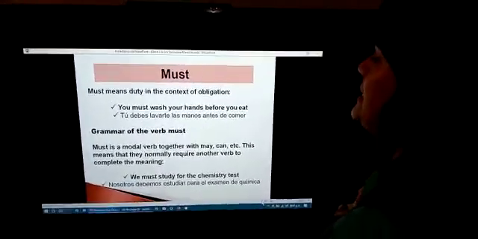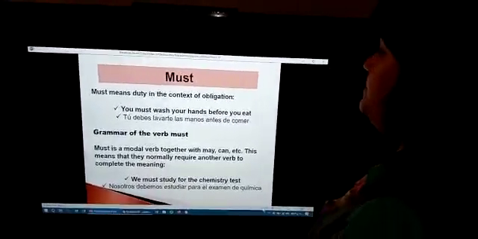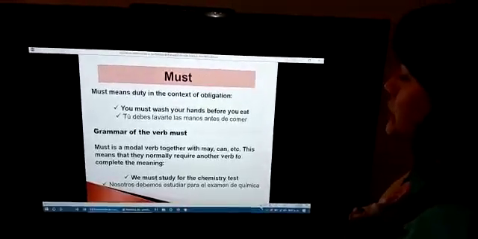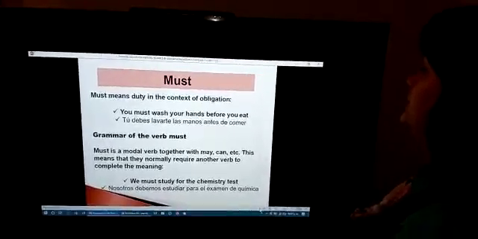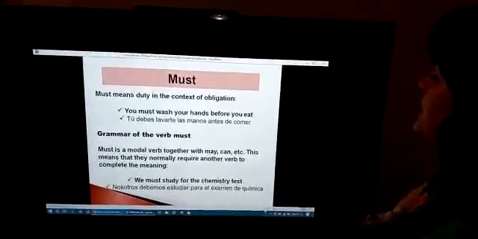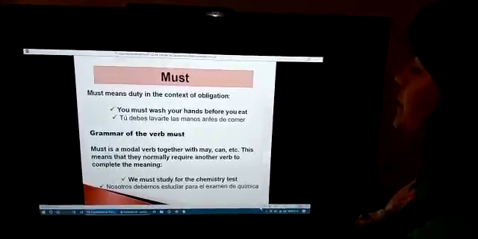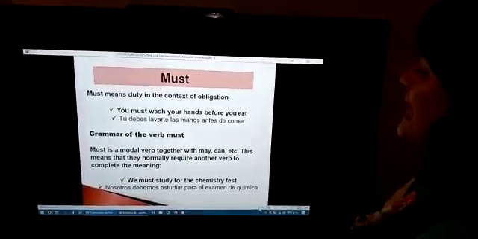Let's see the grammar of the verb must. Must is a modal verb together with may, can, etc. This means that they normally require another verb to complete the meaning.